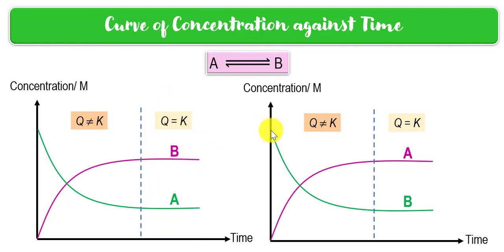If you start the reaction with B and there is no A present initially, the concentration of B will decrease with time and the concentration of A will increase with time until it reaches equilibrium.